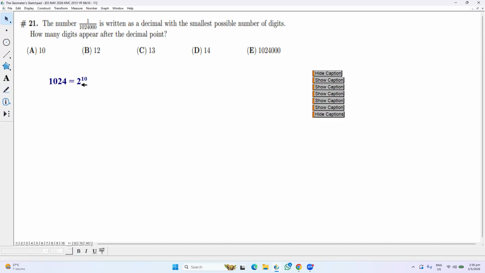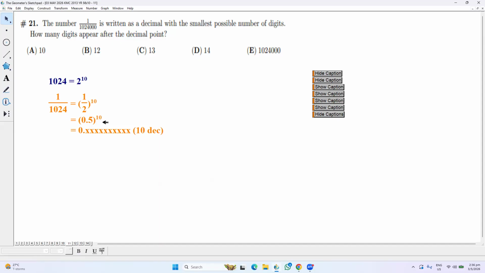We know 2 power 10 is 1024. This one you must learn. So if I take 1 over 1024, that means 0.5 power 10.